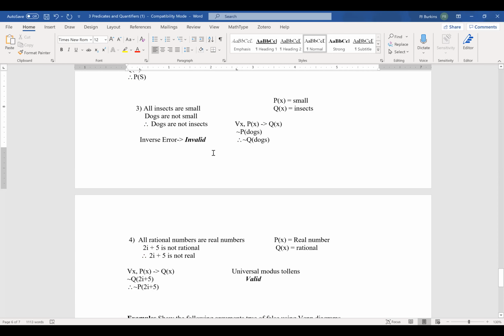So this is also a good opportunity to say, when we read these statements, it says all insects are small, dogs are not small, therefore dogs are not insects. And you think to yourself, yeah, that's true. Dogs are not insects. However, you can't take the validity of an outcome by real world knowledge. You have to test the argument.